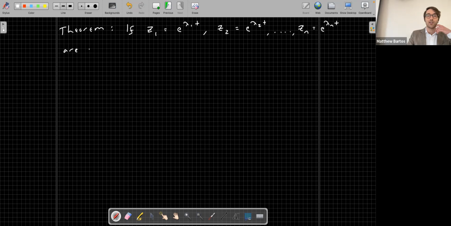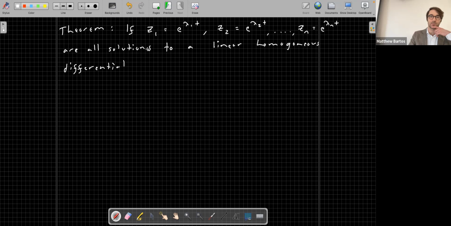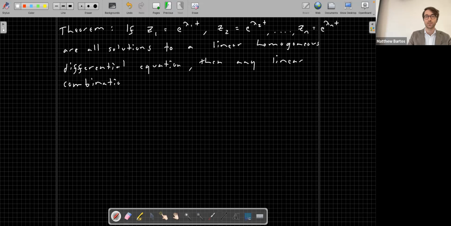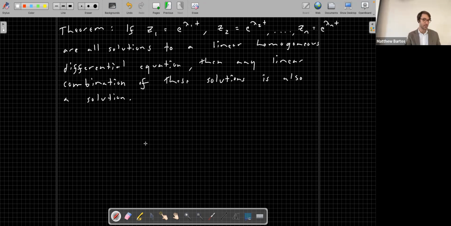If these are all solutions to a linear homogeneous differential equation, then any linear combination of these solutions is also a solution. Okay, so this is a really important result.